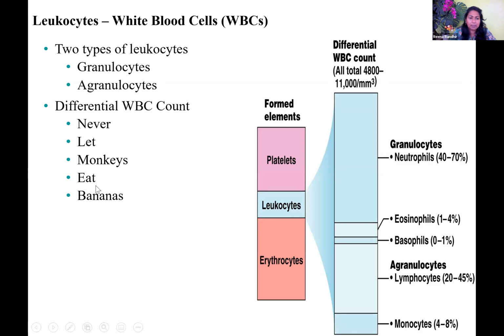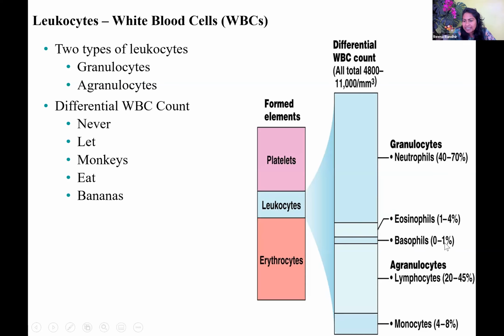And here's a good mnemonic to remember all the different WBCs. In the buffy layer, you see leukocytes and platelets. When you take leukocytes, 70%, most of them are neutrophils, and they are granulocytes. Another category is called eosinophils, that is also granulocytes, and a very small amount of basophils.